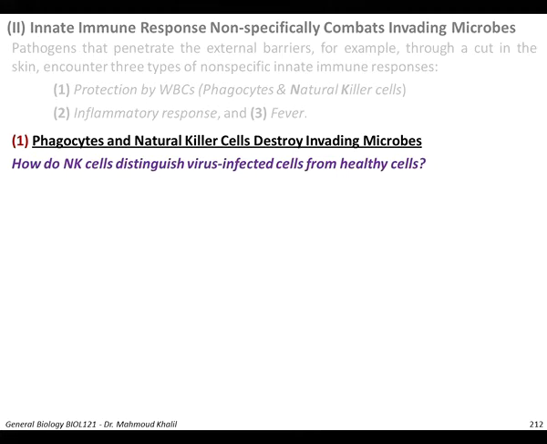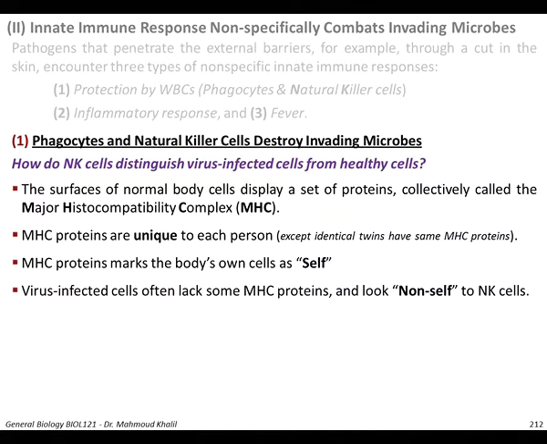So how do NK cells distinguish this difference? To understand that, you need to know one of the major groups of proteins called MHC. MHC is the major histocompatibility complex, and this MHC is displayed normally on all our normal body cells. And these MHC are very unique to each person.